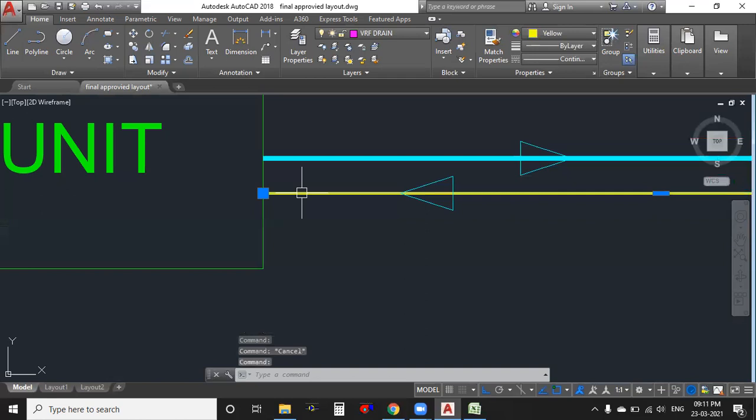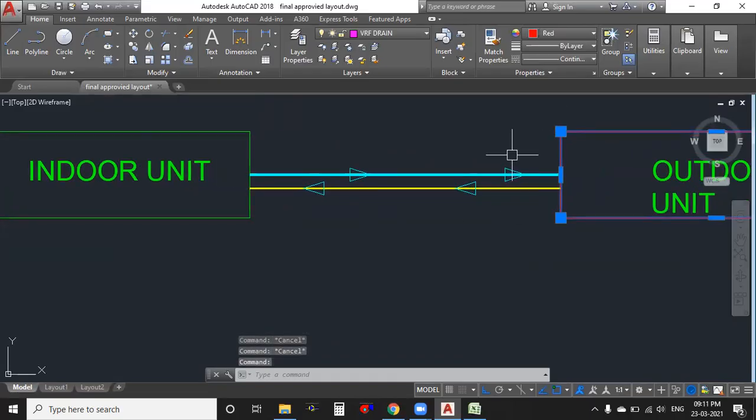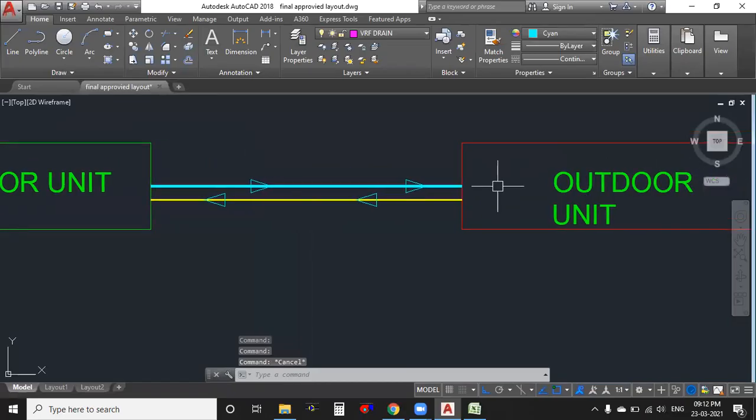So small is suction, big is discharge for the indoor unit. If you are considering the outdoor unit, it will be opposite. The small one is called discharge and the big one is suction.